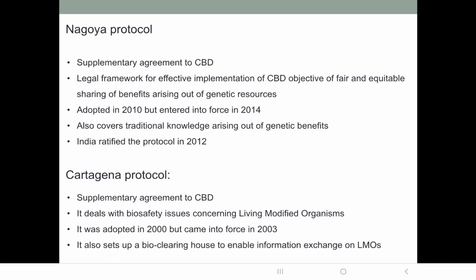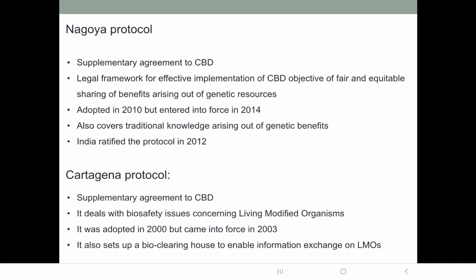Every country has some traditional knowledge about the living plants, animals, or whatever biodiversity is present in its area. Particularly the developing and the small island countries have a large number of tribal groups which have highly important information regarding these genetic resources or biodiversity. All of it is covered under the Nagoya Protocol.